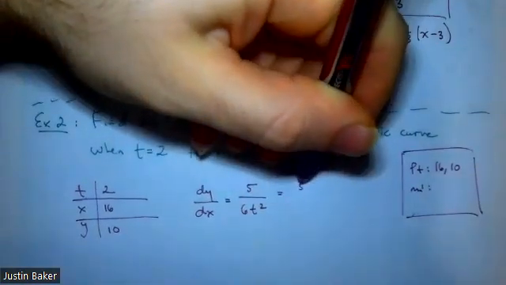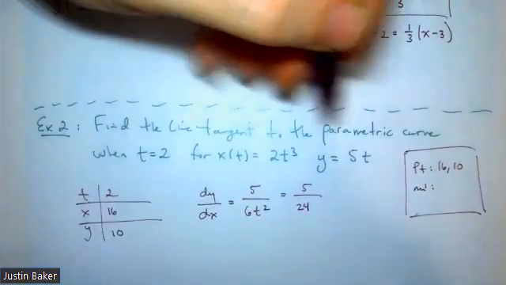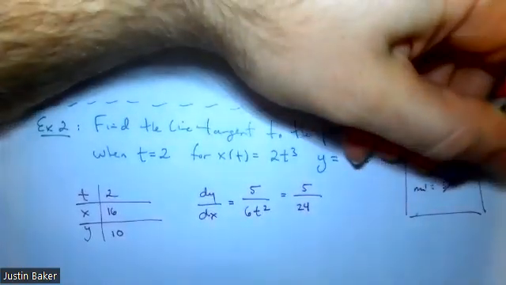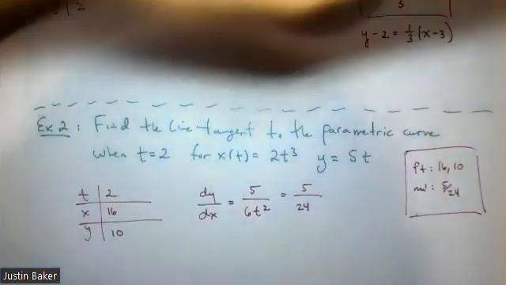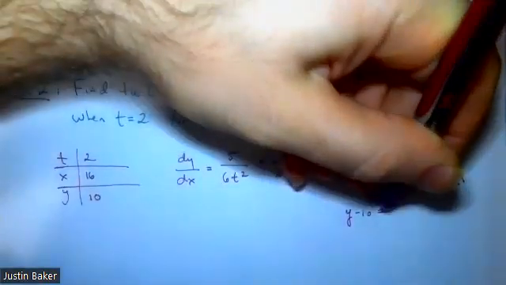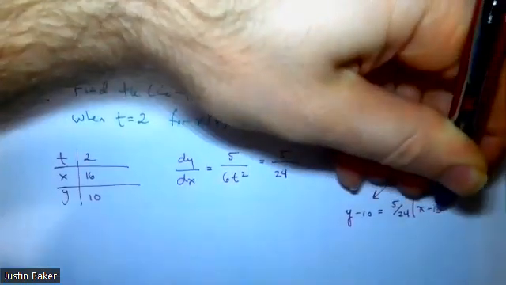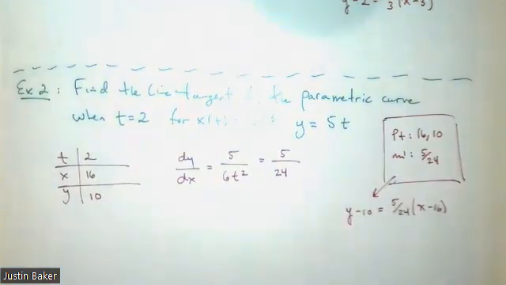So that would be 5 over, what's that give us? 24. And we'll call that our slope. Okay. And then once you've completed the box, y minus 10 is equal to 5 over 24, x minus 16.